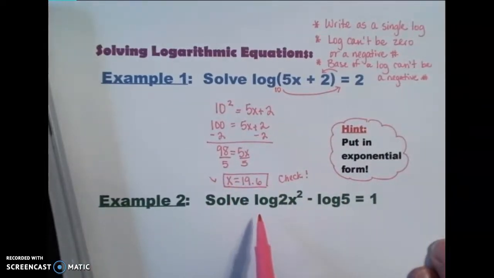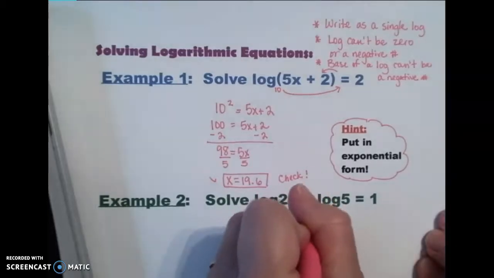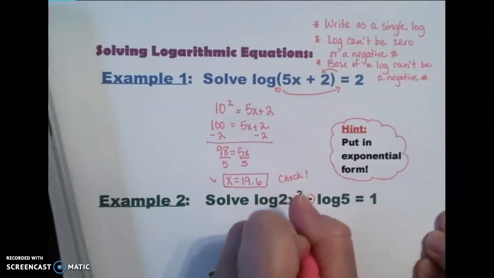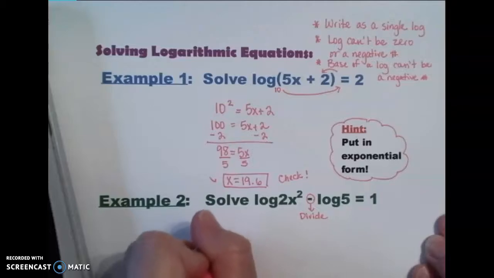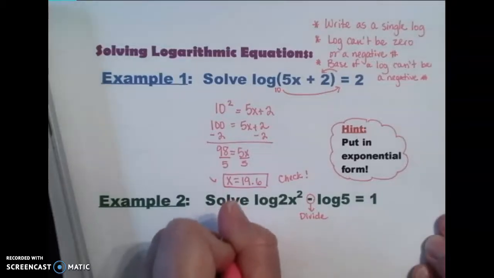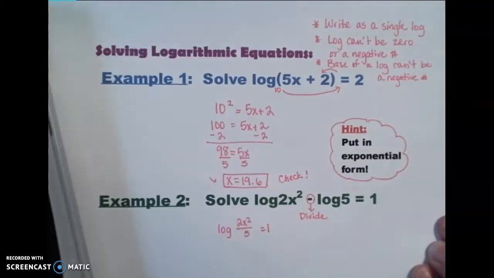On the second equation, you have log of 2x squared minus log of 5. So this is not a single log. So we need to use your properties that you learned yesterday. And when you see subtraction, that should remind you that we need to divide this when we write it as a single log. So we're going to have log of 2x squared divided by 5 equals 1.